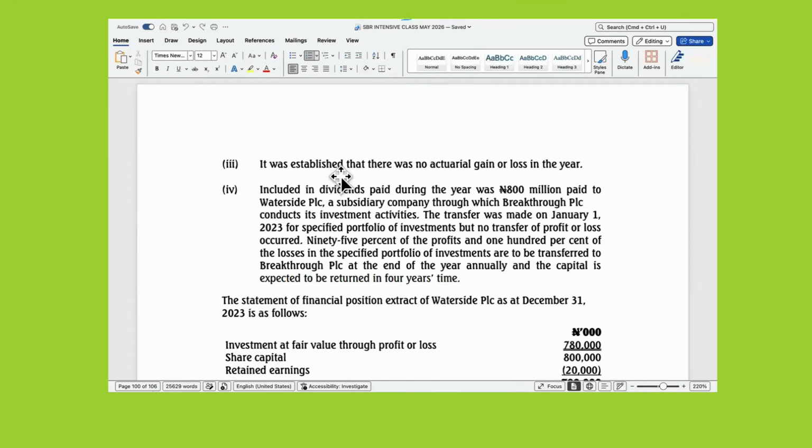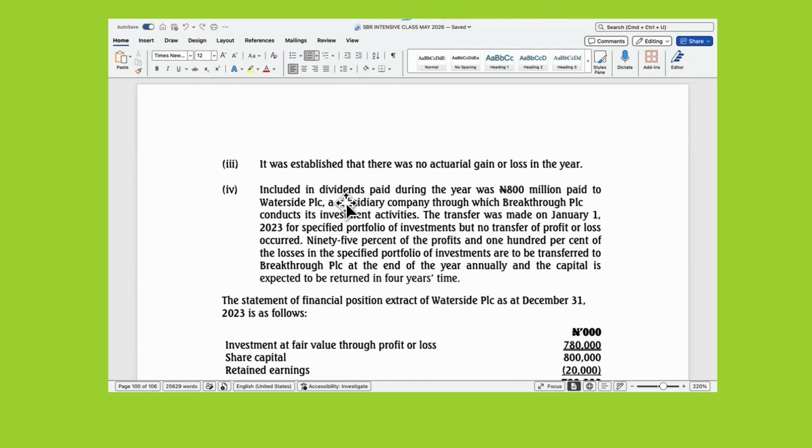The transfer was made on January 1st, 2023 for a specified portfolio of investments, but no transfer of profit or loss occurred. 95% of the profits and 100% of the losses in the specified portfolio of investments are to be transferred to Breakthrough at the end of the year annually, and the capital is expected to be returned in 4 years' time.